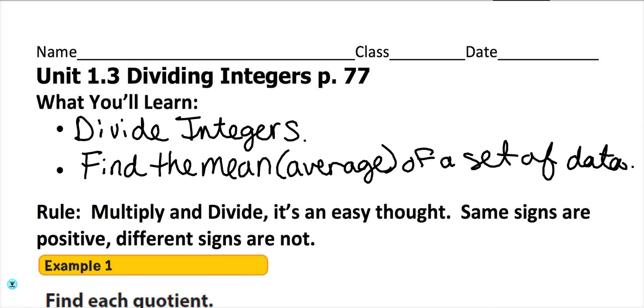All right. So again, we're going to divide integers, and we're going to find the mean or the average of a set of data.